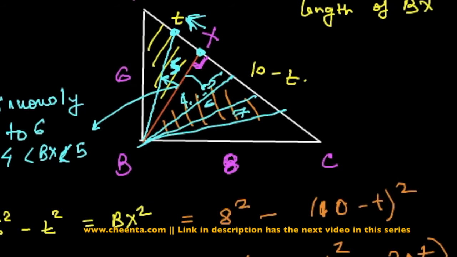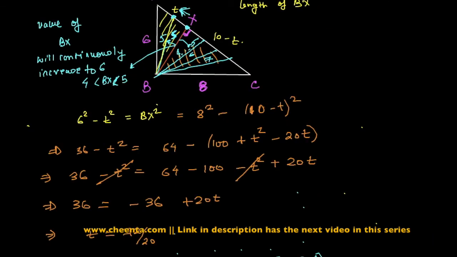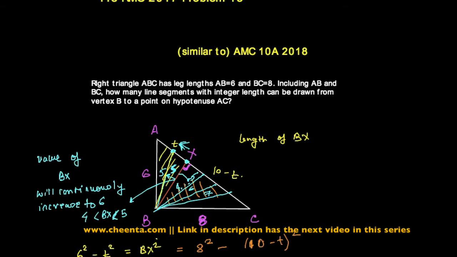So we have got how many straight lines which have integer lengths now? We have this one, 5 to the left of Bx, and then we have 5 to the right of Bx, 6 to the right of Bx, 7 to the right of Bx.